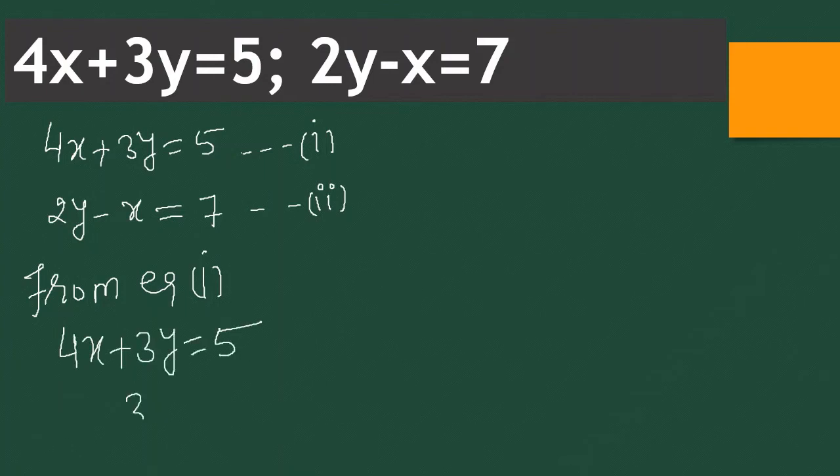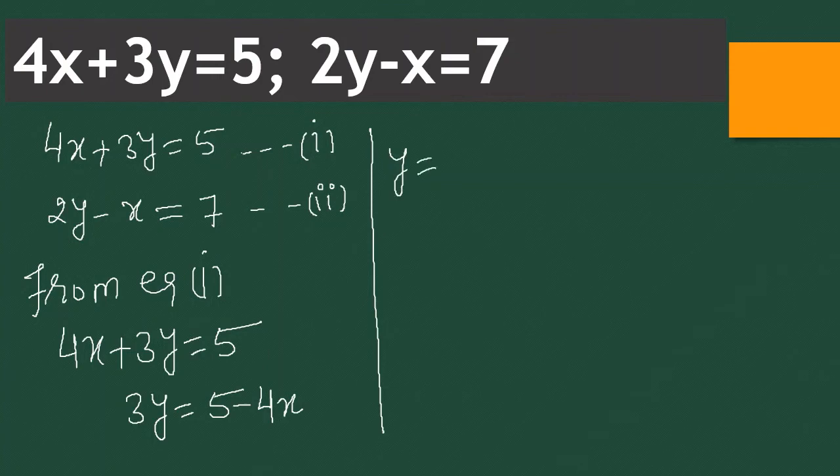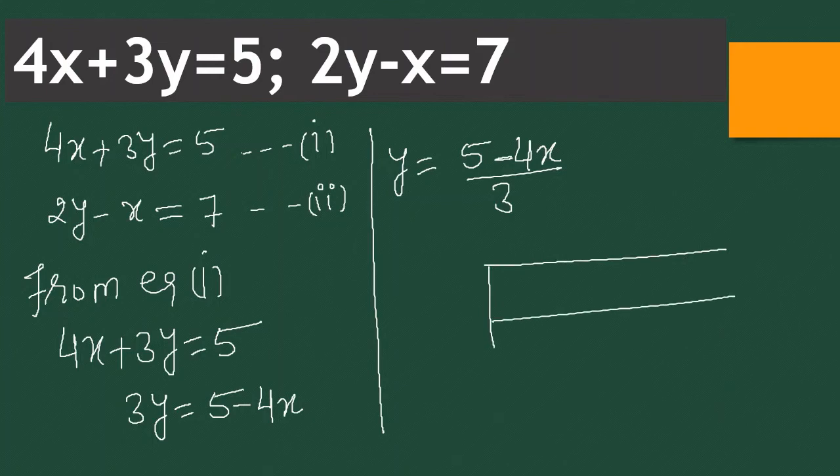I'm keeping 3y here and sending 4x to the right hand side. So I'll get y equals (5 minus 4x) upon 3. This time I'll show you how to tabulate the values directly.